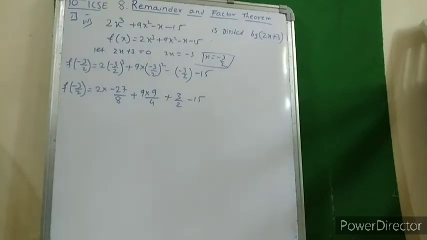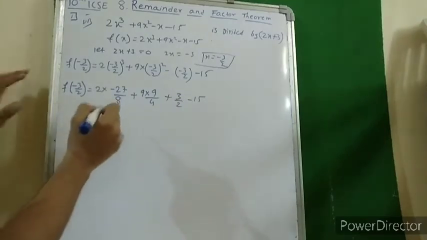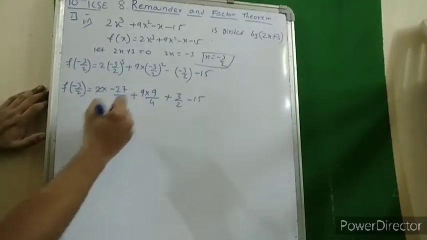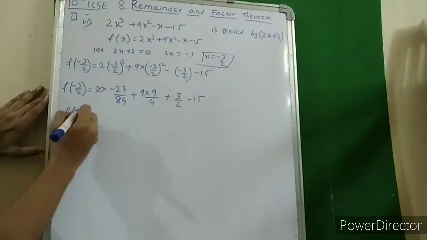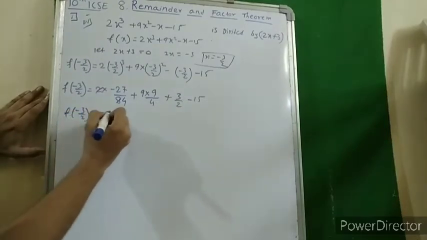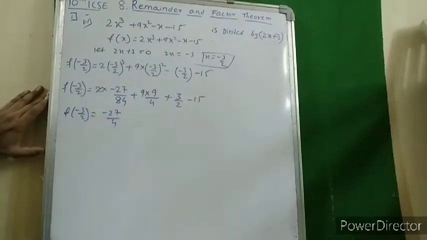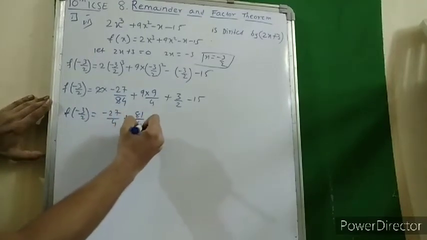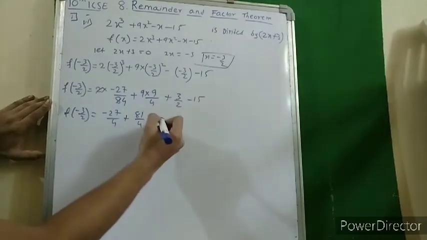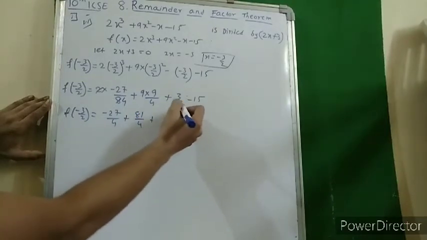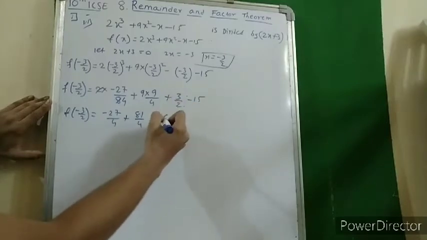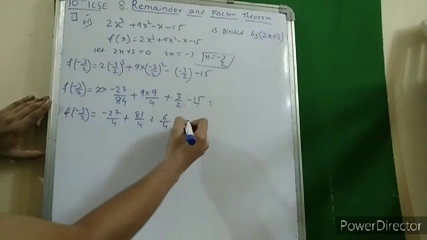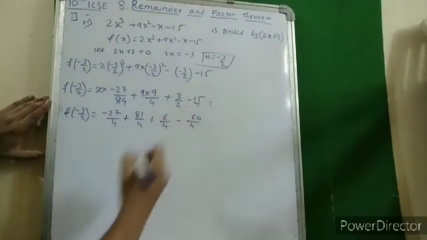Okay, now if anything can be reduced, 2 ones are 2, 2 fours are 8, that is the only thing possible I can see. So function of minus 3 upon 2, I have minus 27 upon 4. I will try to bring 4 in all the denominators, so 9 nines is 81 upon 4. To bring 4 over here, I will multiply by 2 in the numerator as well as denominator, so 2 2s are 4 and 2 3s are 6. To multiply by 4, so I will get 4 15s is 60.